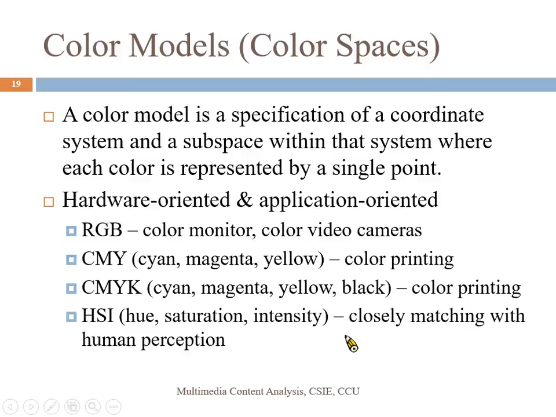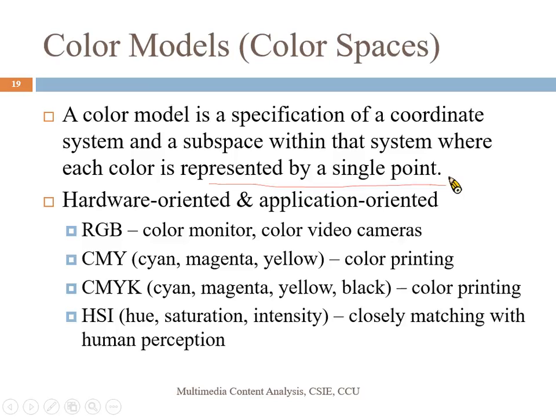A color model is a specification of a coordinate system and a subspace within the system where each color is represented by a single point. So we define a coordinate system, and every color is a single point in this coordinate system.